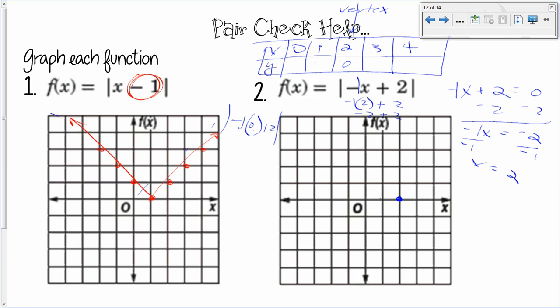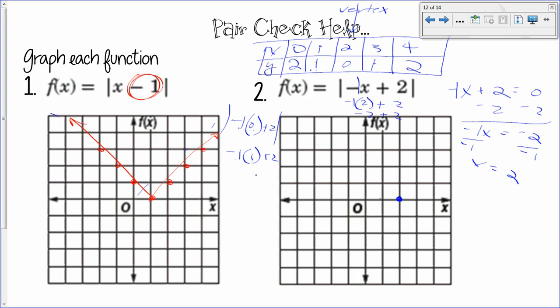So this is going to be 2. -1 times 1 plus 2, what is that? 1. -1 times 1 plus 2 gives me 1, the absolute value of 1. So what's it on the other side? No, it's the same, guys. If this is 2, then this has to be 2.